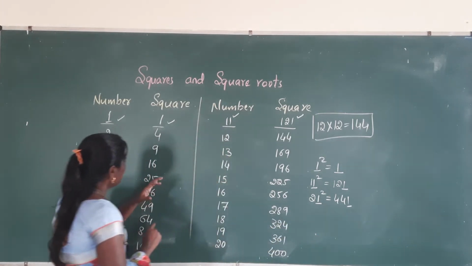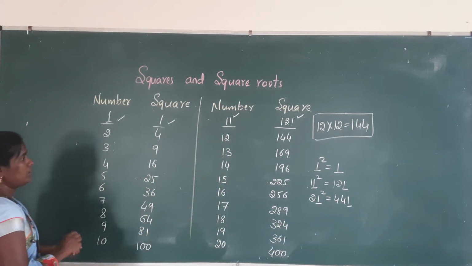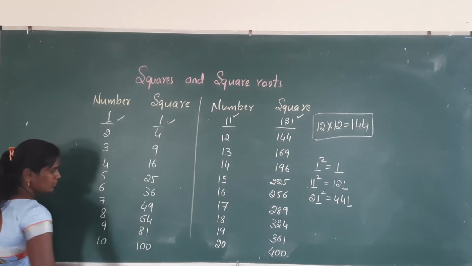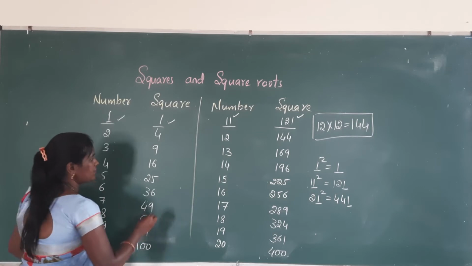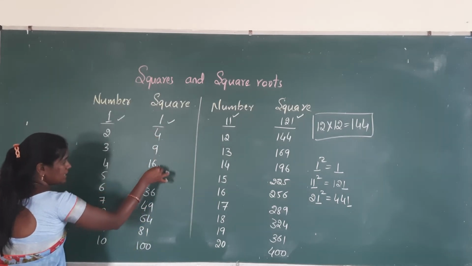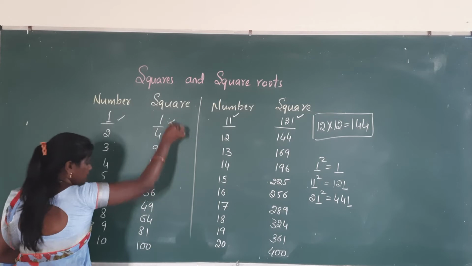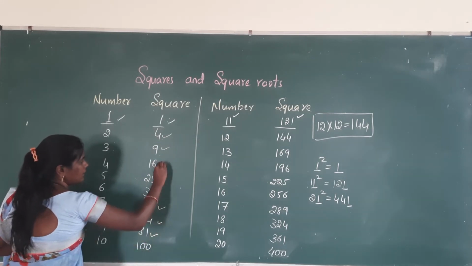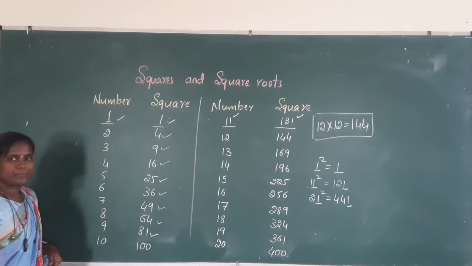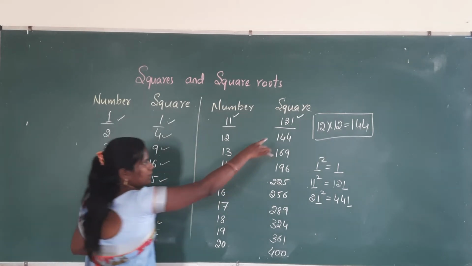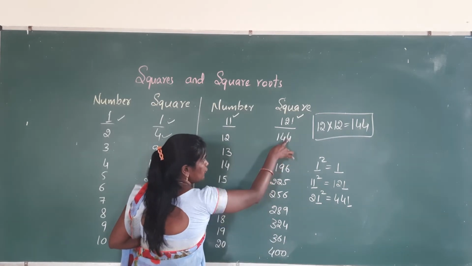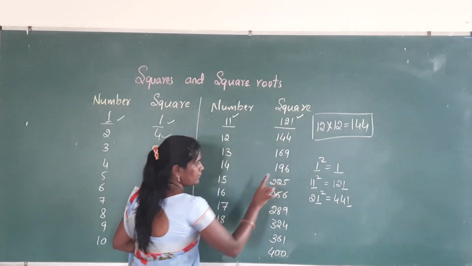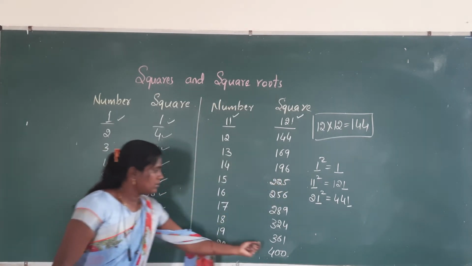Now if you observe all these numbers, you find that the squares of all the numbers are ending with 1, 4, 9, 6, 5, and also zeros.